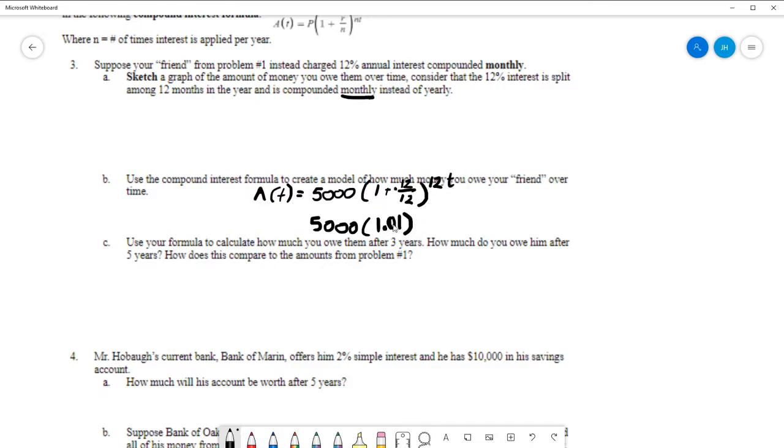So you see how the rate here is smaller, but we're going to be applying that rate more frequently because of the 12 multiplying up here.